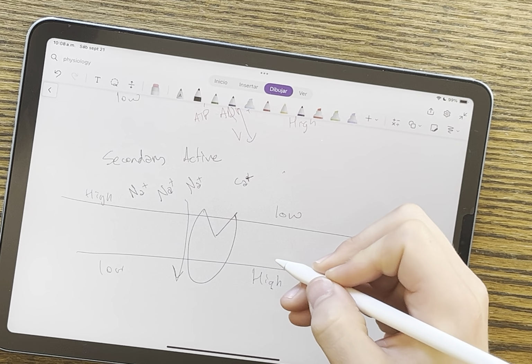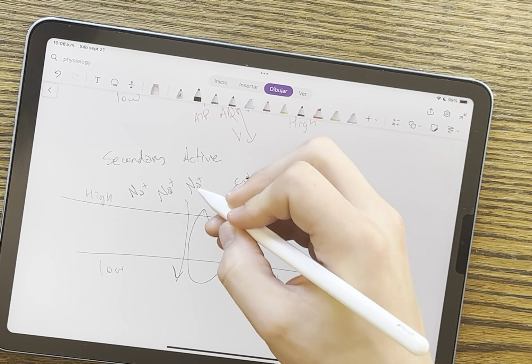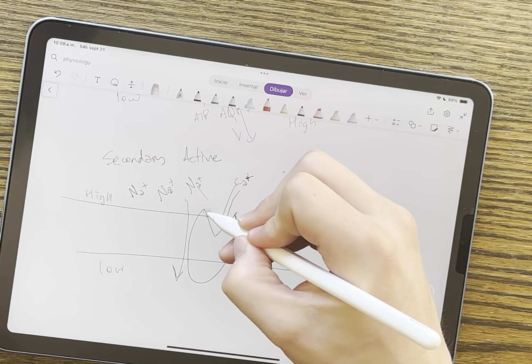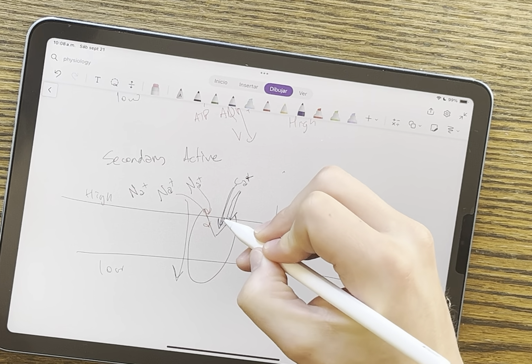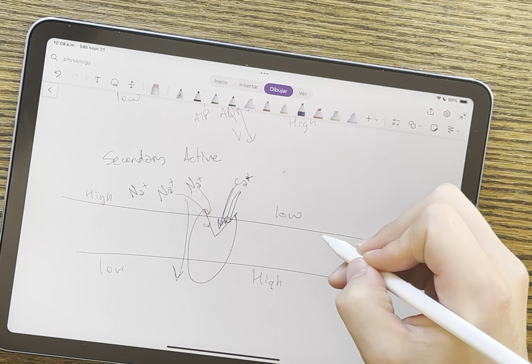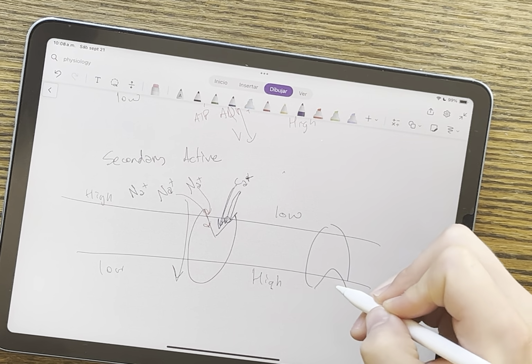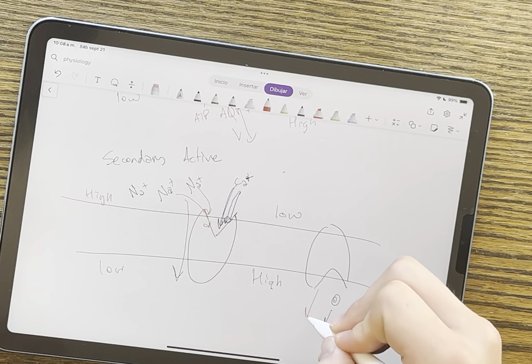I don't know if that's actually true, but your body naturally wants sodium to come in. So your body will accept a couple of sodiums, and the sodium naturally wants to come inside, causing that conformational shift like we're talking about. The calciums will be released inside, and so the sodiums.